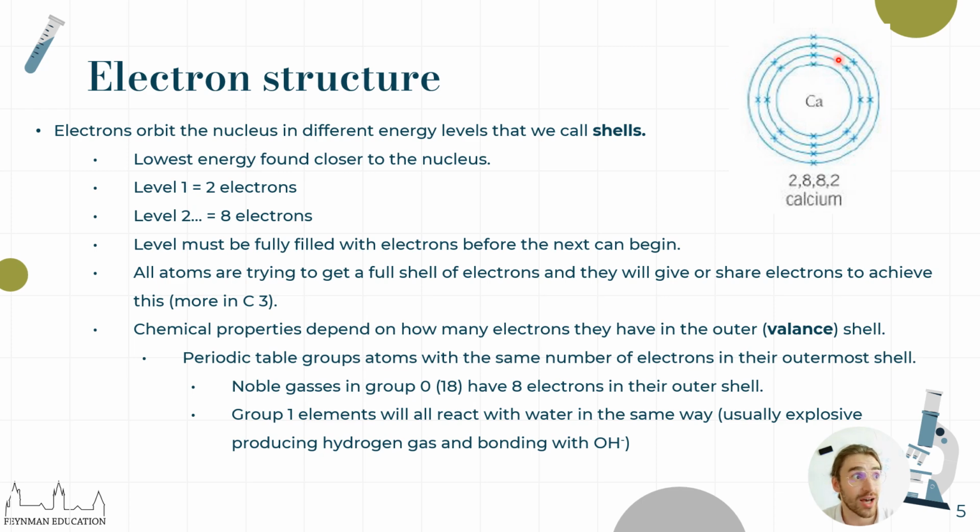So total now we have 10 electrons. We need 10 more. Next level is going to have 8 again, so you can count 10, 11, 12, 13, 14, 15, 16, 17, 18. And then we have 2 left over here.